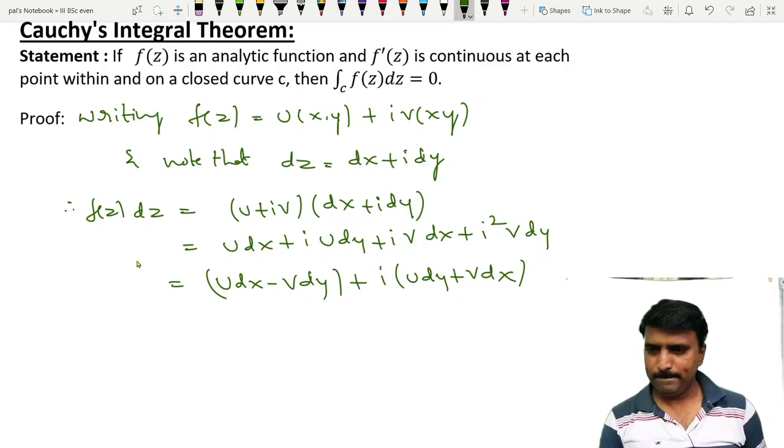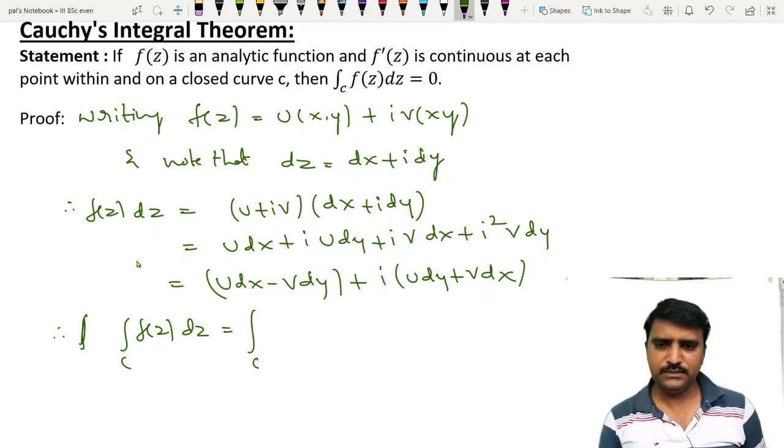Therefore, the integration of f of z into dz over C is equal to the integration over C of u dx minus v dy plus i into u dy plus v dx.